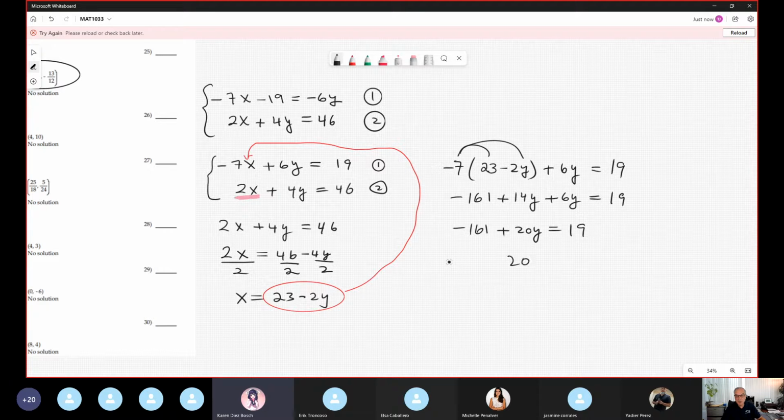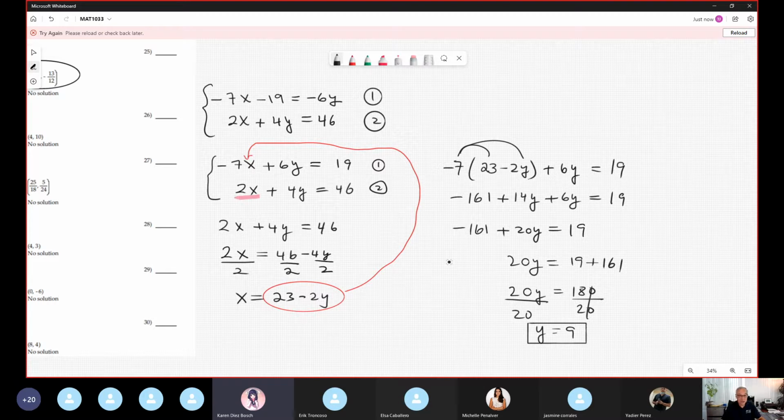Therefore 20y equals 19 plus 161. 161 plus 19 is 180. Wow. 180 divided by 20, I suppose 9, because this 0 cancels out, and 18 divided by 2 is 9. Wow, nice. We manipulated weird numbers, however, it was a nice answer.